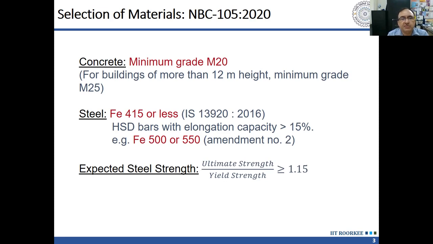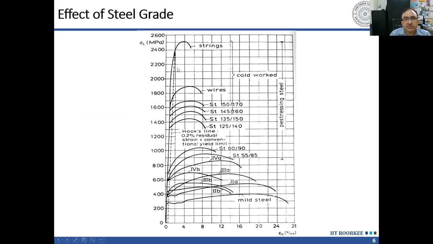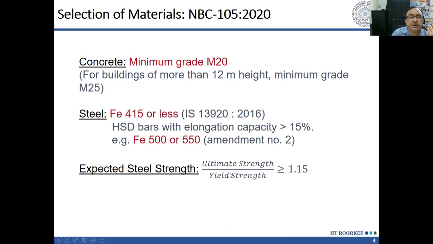The advantage is clear: if we have higher tensile strength, the amount of steel required will be less. But there is an issue. If I look at the stress strain curve of steel, we can see that as the grade of steel increases, the ductility goes on reducing. That's why there is an upper limit on the grade of steel.